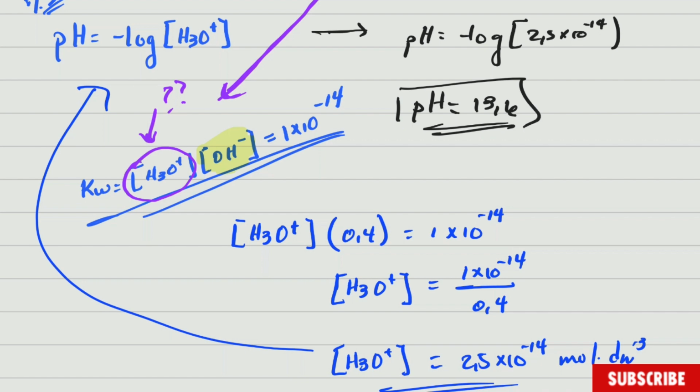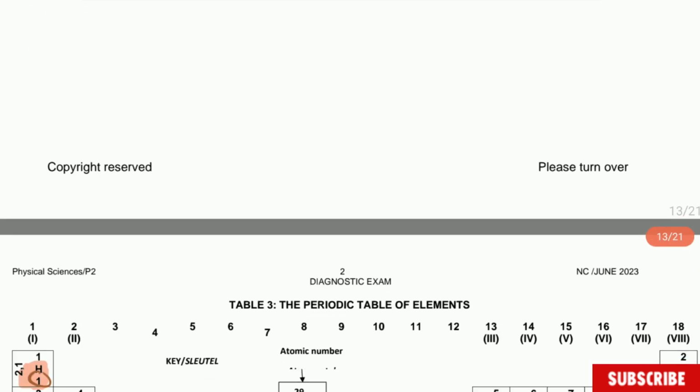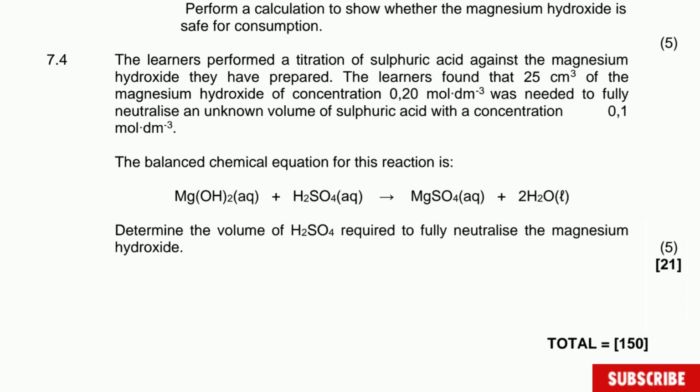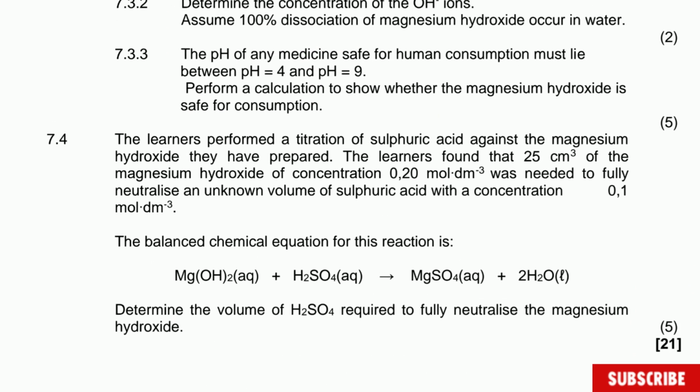Now all we have to do is go to the question. It's 13.6. Let's see the question. I went too far. The question is right here. The pH that is safe is between 4 and 9. So the pH of this is equal to 13.6.